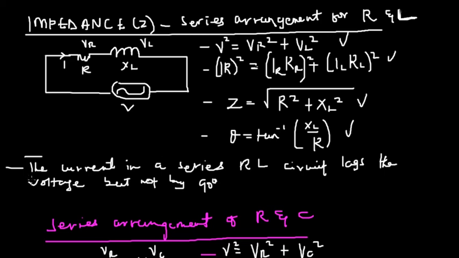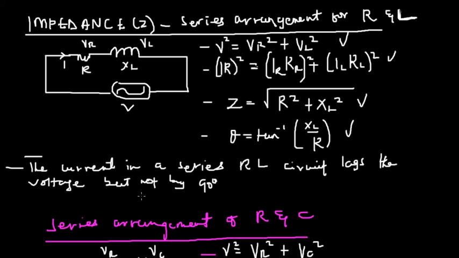The other point is that in a series arrangement of resistor and inductance, the current always lags the voltage, but not by 90 degrees.